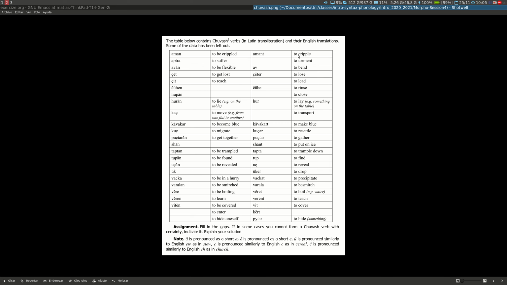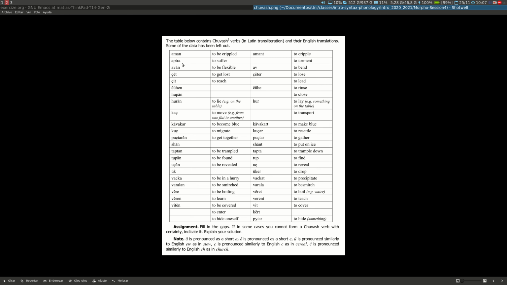So, for example, from to cripple, this seems to be the transitive where someone cripples something. This becomes a participle, and the same alternation happens here. I teach something, versus I learn. So the agent becomes also the patient in this case.